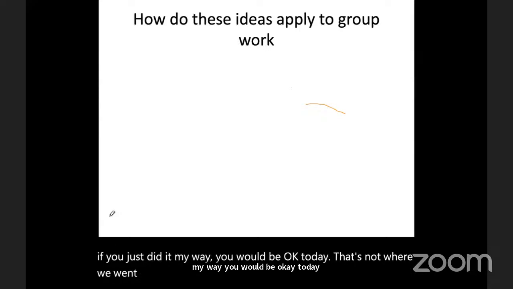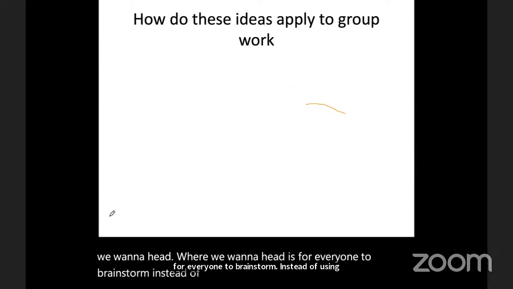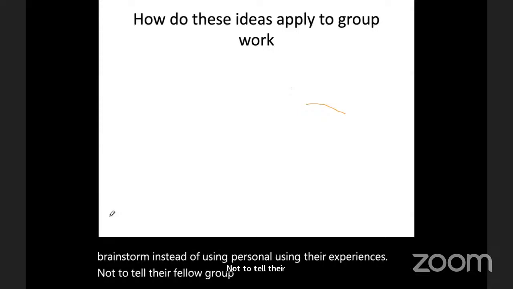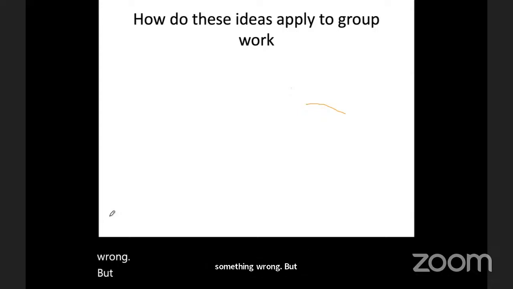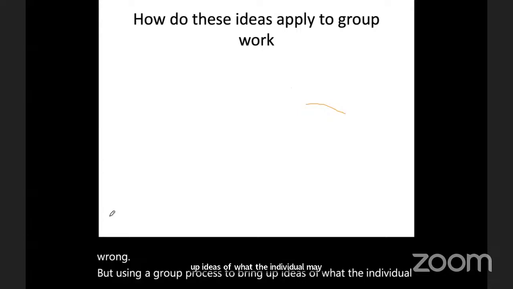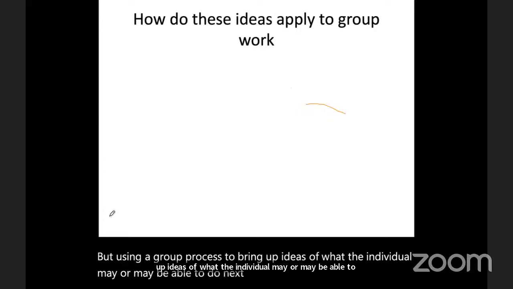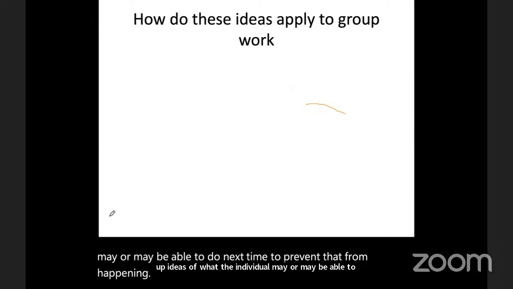Where we want to head is for everyone to brainstorm instead of using their own experiences, not to tell their fellow group members that they did something wrong, but using the group process to bring up ideas of what the individual may be able to do next time to prevent that from happening. Okay.